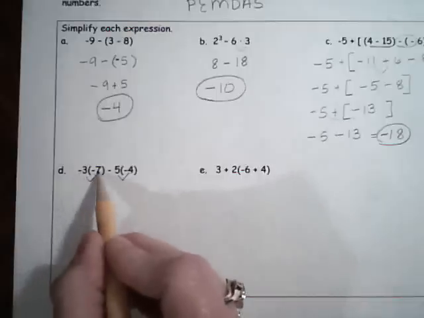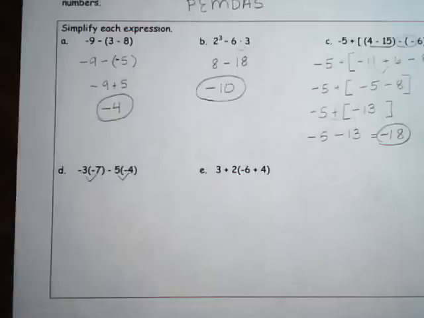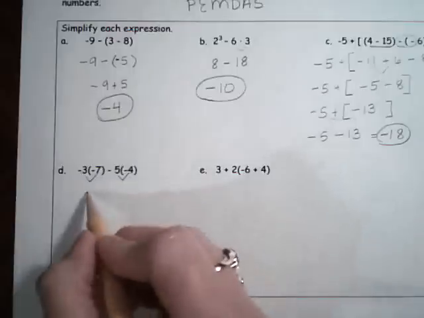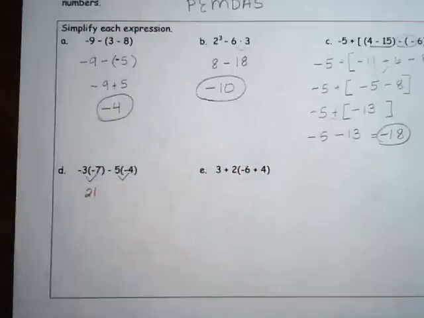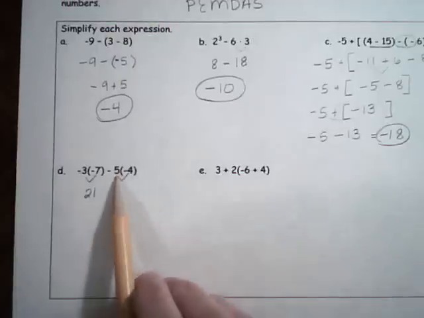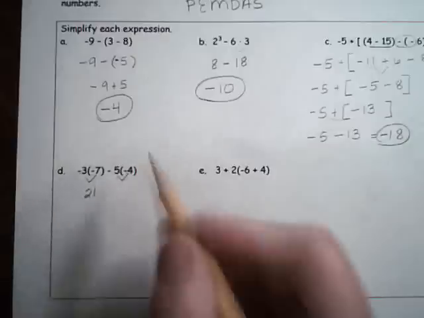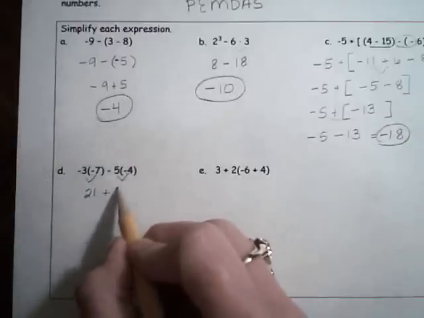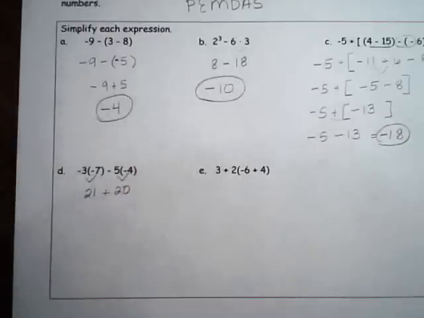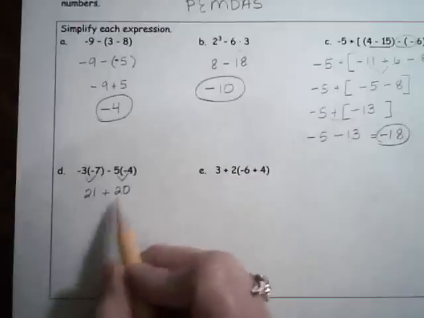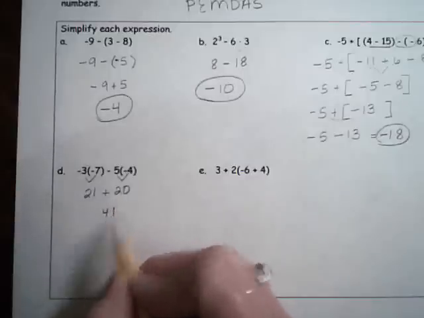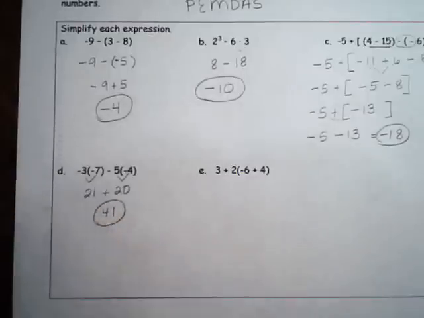Signs are the same, so when I multiply those, that means I'm going to have a positive 21. That goes along with our multiplication rules that we talked about in this section. And then here I'm also multiplying -5 and -4. So that is also positive 20. So then I end up with two positives, add, keep the sign, so that makes it a positive 41.